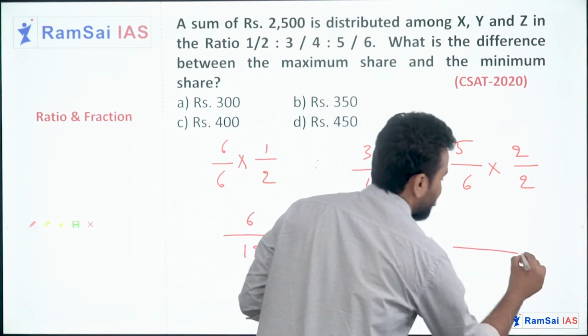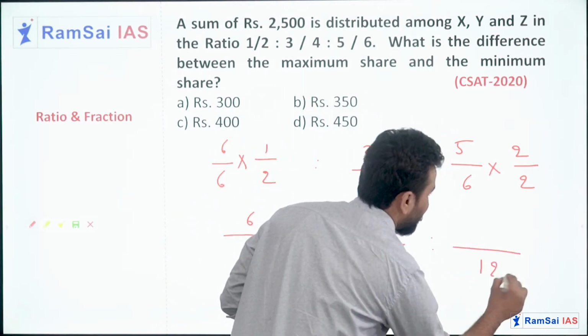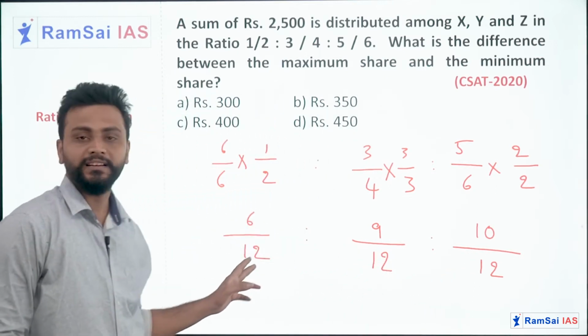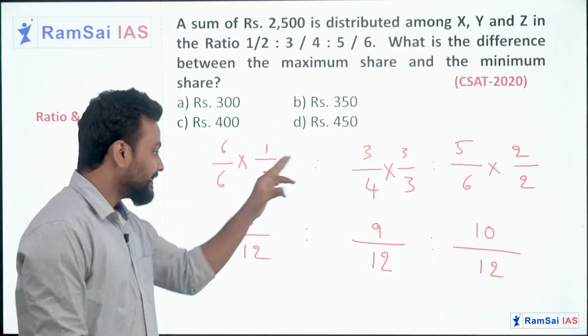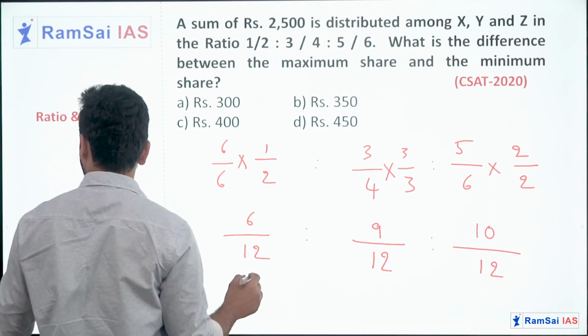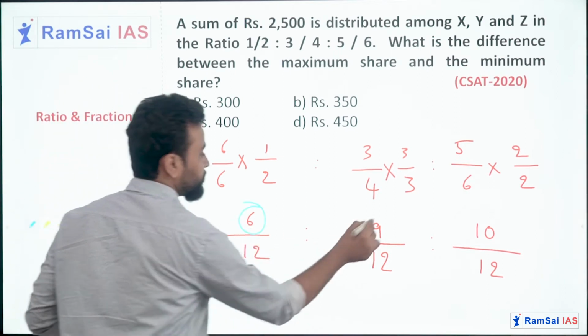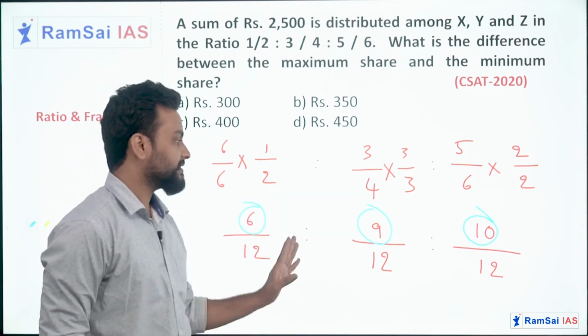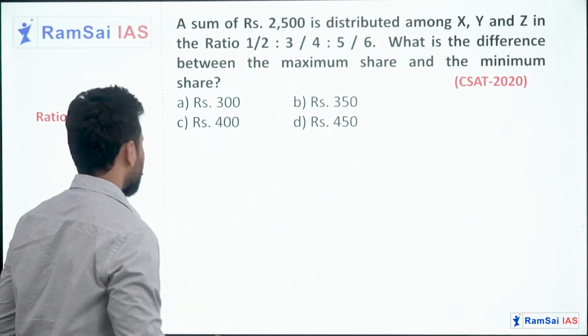Then the denominator will be 6 2s are 12 and the numerator will be 5 2s are 10. Can you observe all the three denominators are equal here? So the ultimate ratio will be 6 is to 9 is to 10. I'll write the same here, 6 is to 9 is to 10.